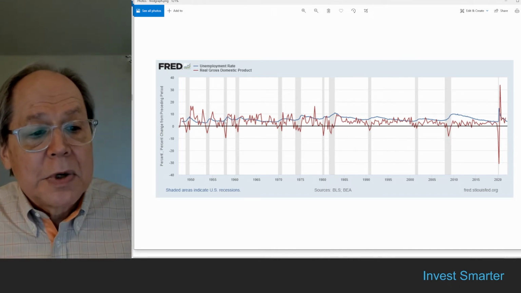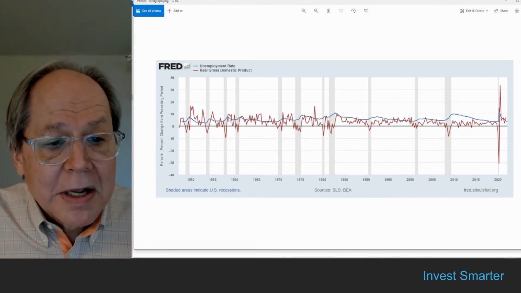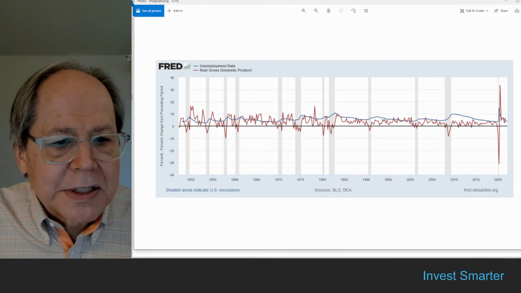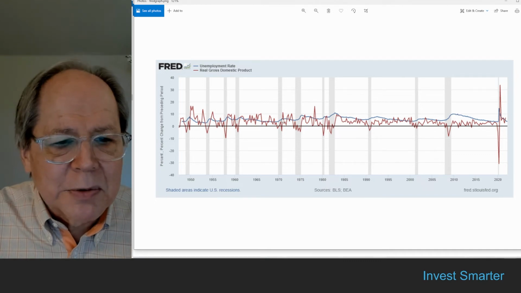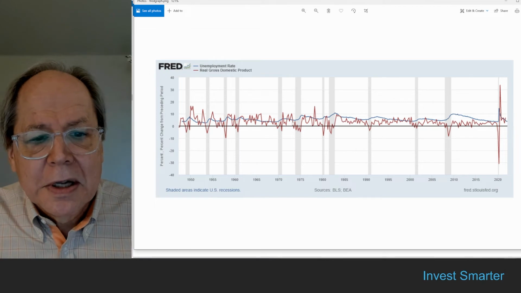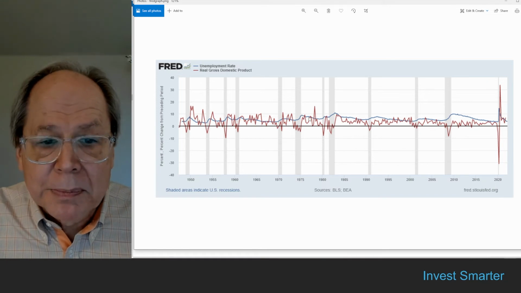So you can see the unemployment rate didn't get to 10%, but it got fairly high. But then in some of these other ones, for example 1970, the unemployment rate went up, but I don't think it was much above 5%, if at all.